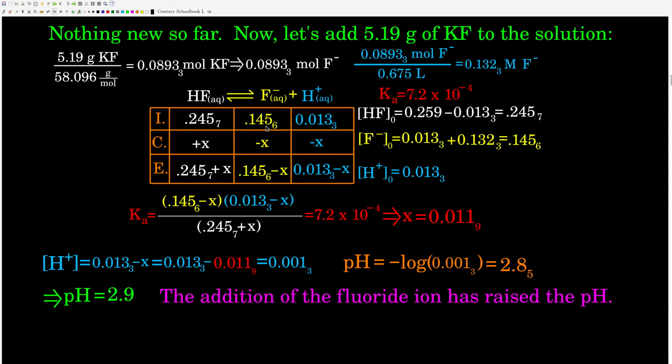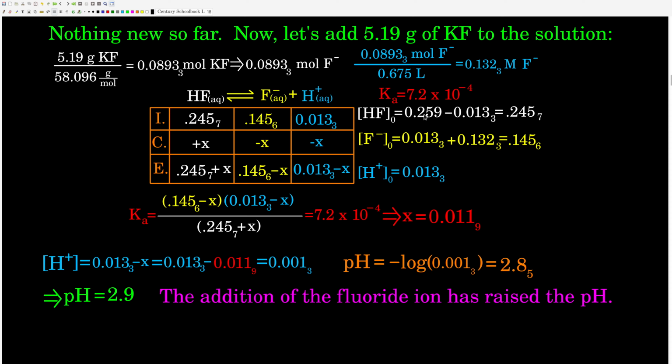So now we set up our ICE table. At this point, I would definitely recommend using the full ICE table. And so what we have here is initially the concentration of the hydrofluoric acid is going to be the initial concentration that we had before minus our x that we solved for in the previous problem, right?